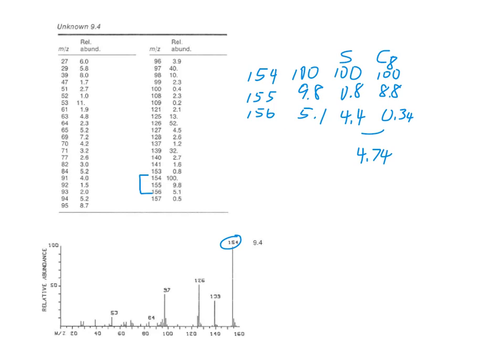It's kind of a trial and error. What if we tried 2? So that would be 0.0, this would be 0.08, and this would be 0.4. So that would get us just 5.14, just barely above.